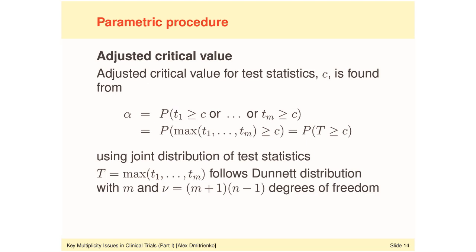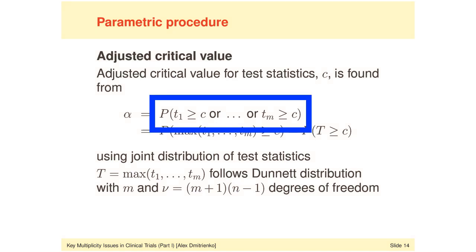Another way to present the same mathematical argument is to define the decision rules for the null hypotheses in terms of the test statistics rather than p-values. Then find a common adjusted critical value for those test statistics. In this case, alpha is equal to this probability that you see on the slide right now.